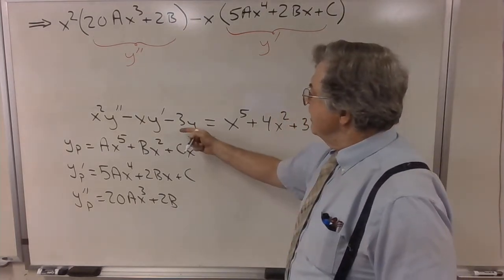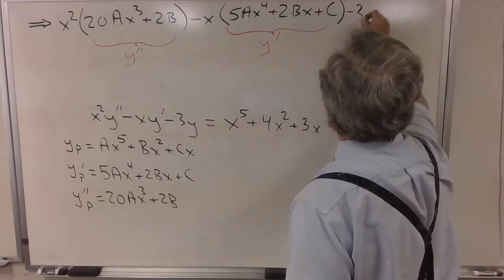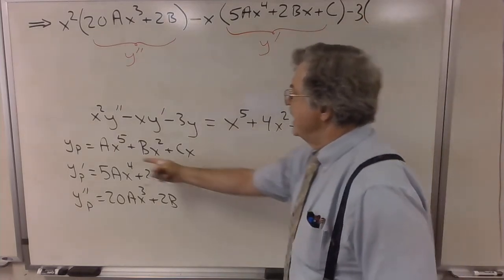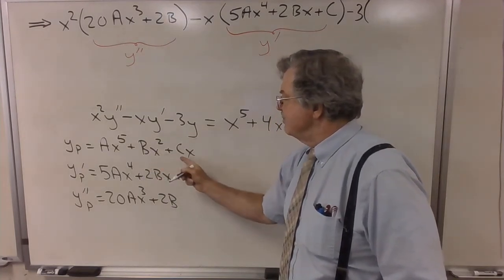And then we also have minus 3y, and y is Ax to the fifth plus Bx squared plus Cx.